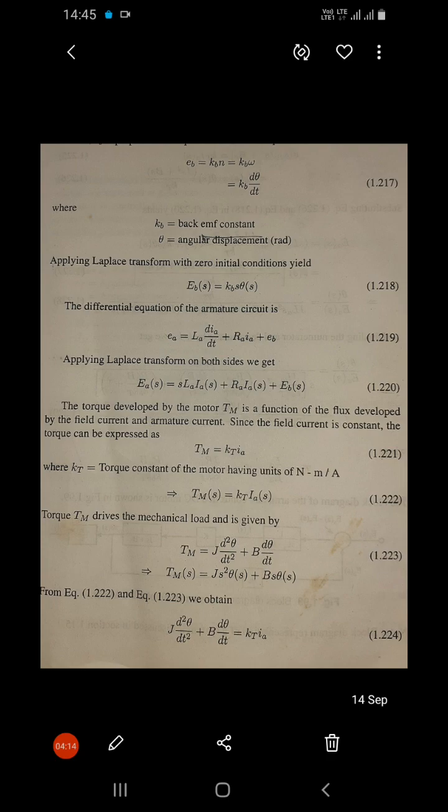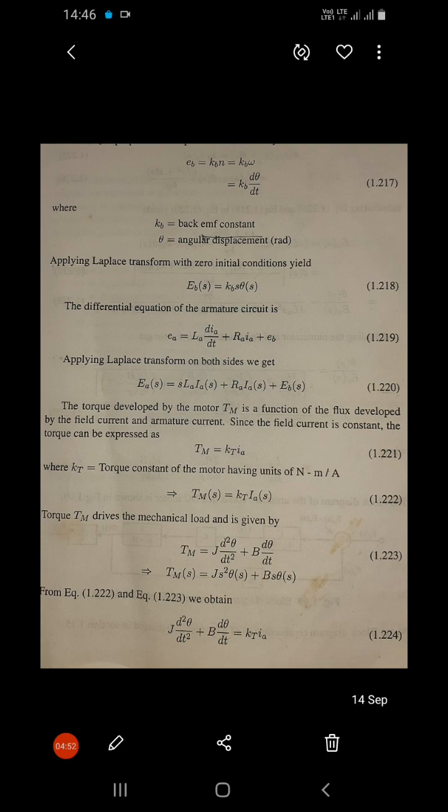Since the field current is kept constant, this back EMF is proportional to the speed n, and it can be expressed as E_B equal to K_B into n, which is equivalent to K_B into omega, where omega is equal to d theta by dt. K_B is the back EMF constant and theta is the angular displacement, whose unit is radian.